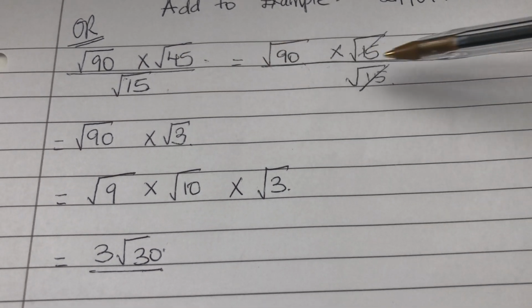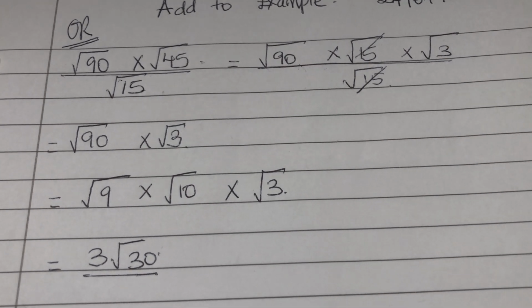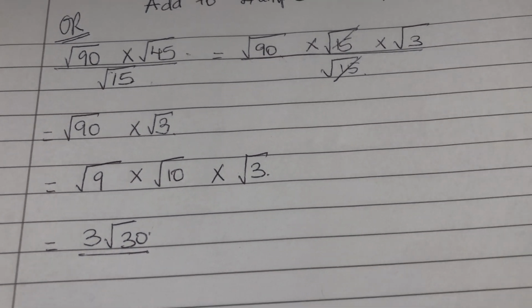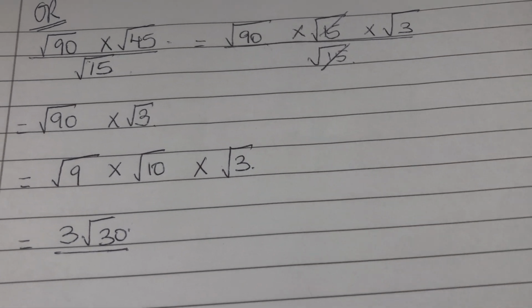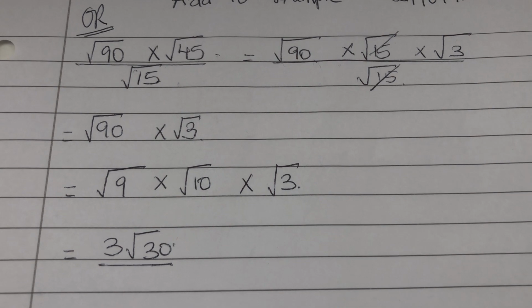Okay, so this is the shorter version, assuming you already know how to do surds. Okay, but I decided to do the longer version to show you. So that is the first part. Now let's go on to another example.